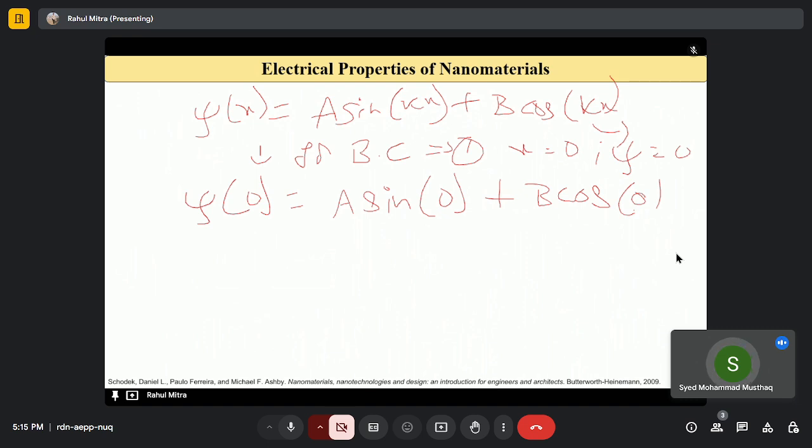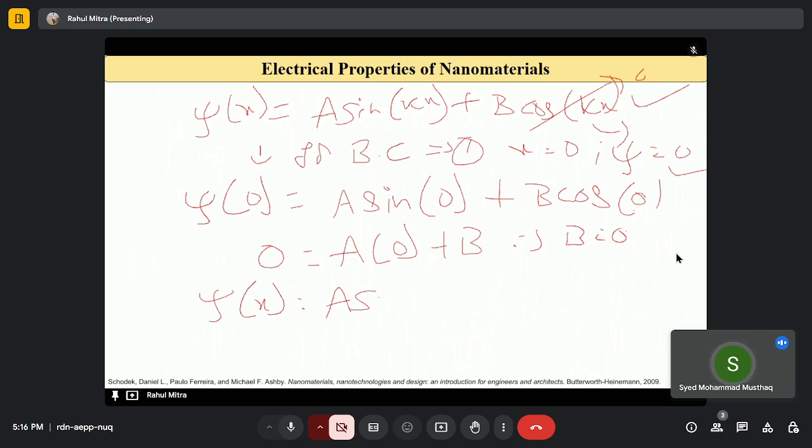Because psi of 0 is equal to 0, 0 equals a times 0 plus b. So b equals 0, and we do not have any constant now. So our final wave function will be psi of x equals a sin kx. Now we can solve for constant a.